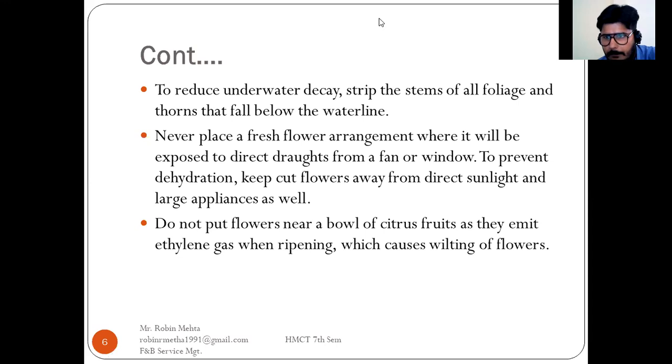It's now time to poll. I just again start the polling with you. All students, try to give the answer of this poll. Hurry up, guys.